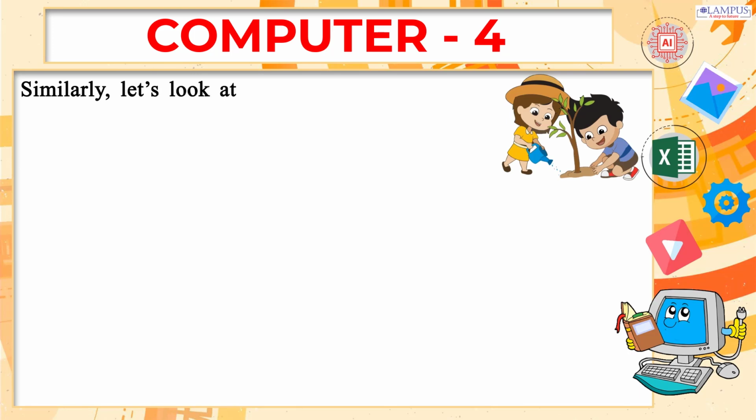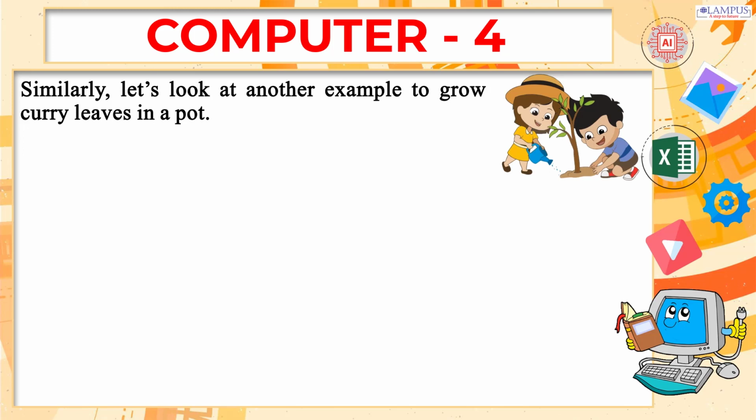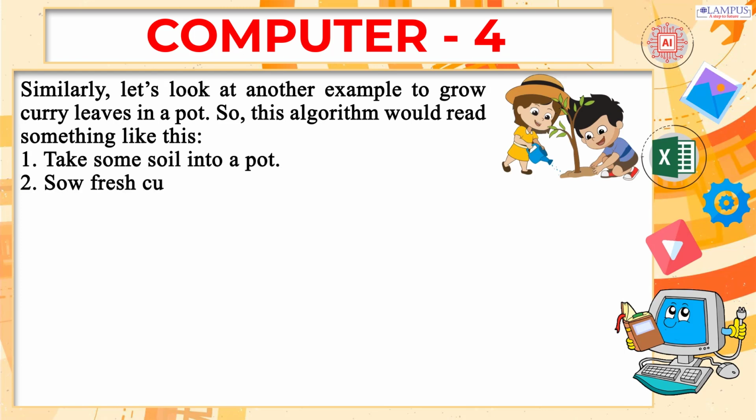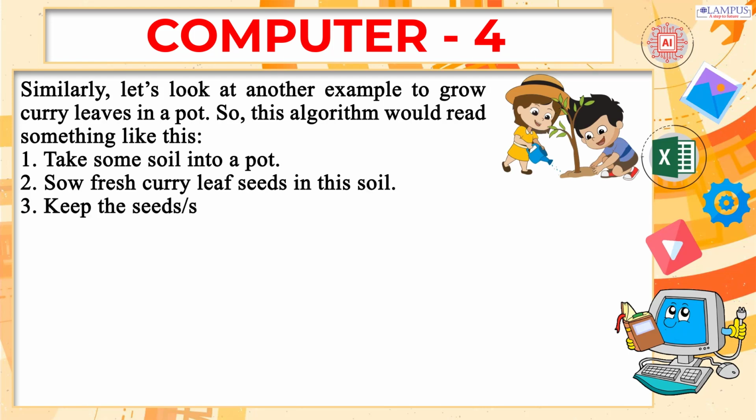Similarly, let's look at another example, to grow curry leaves in a pot. So, this algorithm would read something like this. 1. Take some soil into a pot. 2. Sow fresh curry leaf seeds in this soil. 3. Keep the seeds, soil damp. 4.